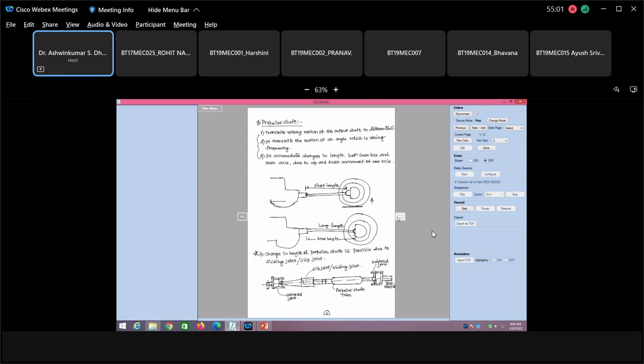And this is gearbox output shaft. So this is the figure of the propeller shaft which is used in most of the vehicle.